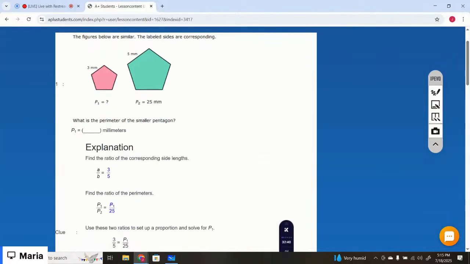The figures below are similar. The labeled sides are corresponding. So you need to find a proportion between the similar sides. A over B equals 3 over 5.